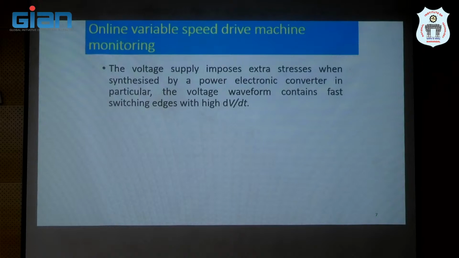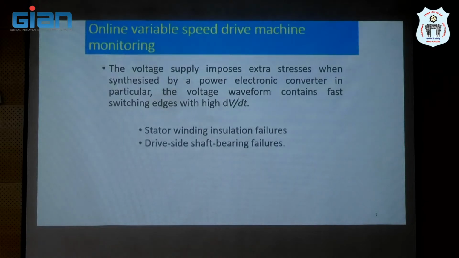Such standards are imposed so that the machine will work effectively and continually for a long time, with proper functioning over its life. You can see stator winding insulation failures and drive side shaft bearing failures also will happen.